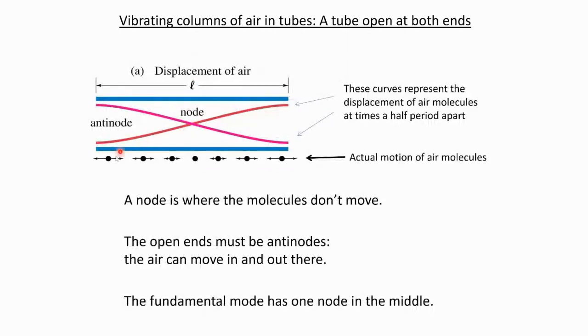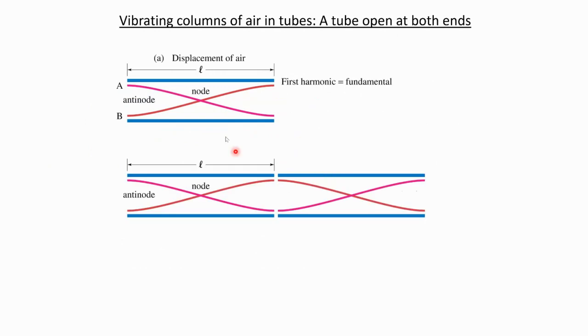Let me go back to the previous slide. As I indicated, since this is magenta up here and that's orange up here, what that means is that when this molecule is moving out, that molecule is moving out as well. So if you want to talk about wavelength, you need to find where the molecules are moving synchronously.